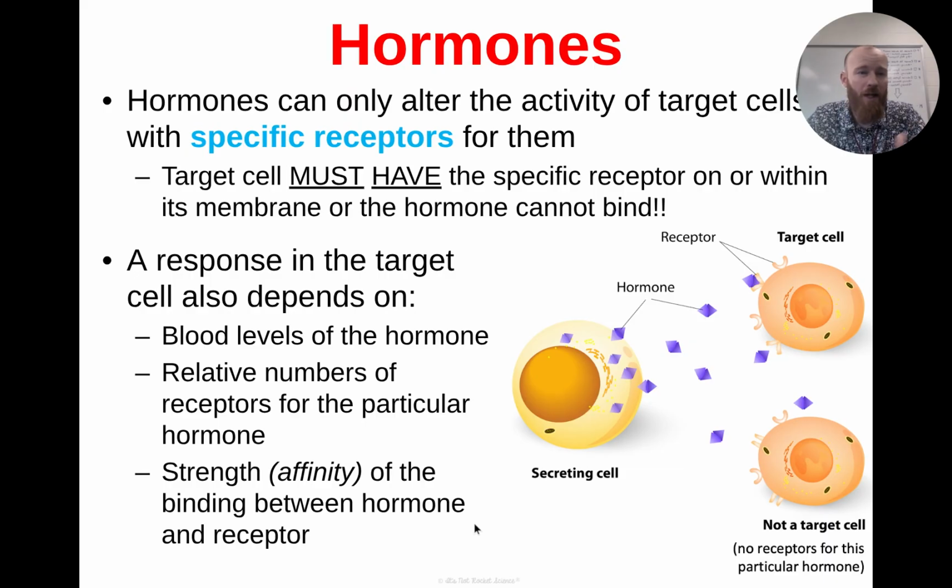If it's just sort of like a one and done where binding occurs and then you have another process inside the cell and then the binding no longer matters, well then that could be a very short-lived response, okay? So not meaning to confuse you in any way, just understand that there are basically these interplays between the hormones and the receptors that can even accept them. And then you have all of these different variables that can change how much of a response we can expect from those hormones.